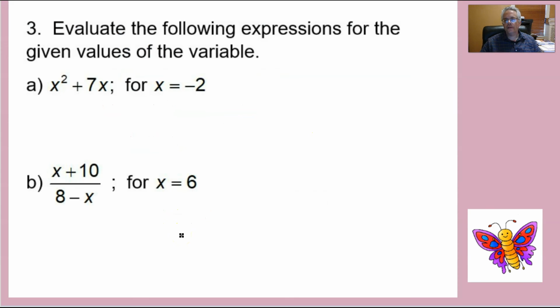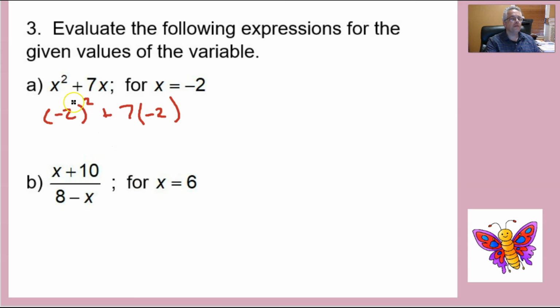All right, so I got 2 last examples, and these are kind of things we expect you to be able to do. We have this expression here, and we're going to substitute x equals negative 2. Well, I'm squaring negative 2, so I'll put parentheses around it. To be honest, if you're not sure when to do it, you'll never be wrong if you always put parentheses around a negative number.